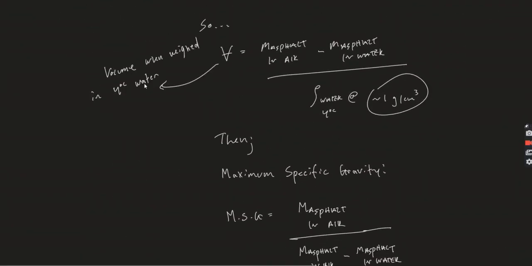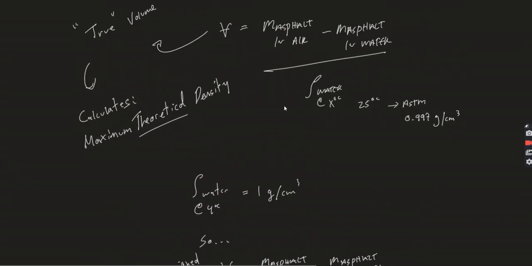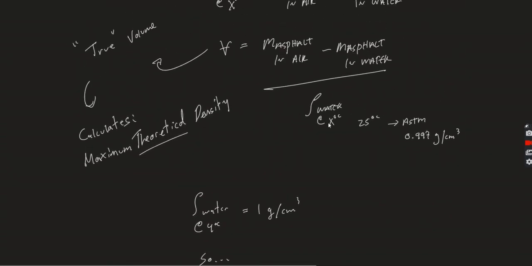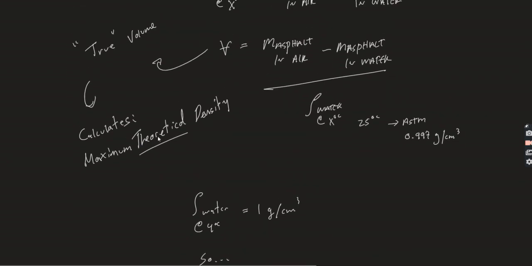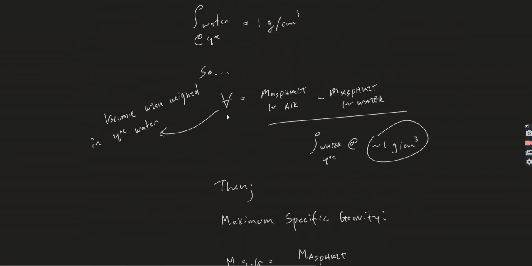So the volume for the specific gravity is the volume when weighed in 4 degrees Celsius water, not the volume that is obtained when you weigh it in 25 degrees Celsius water. That will obtain you the maximum theoretical density.